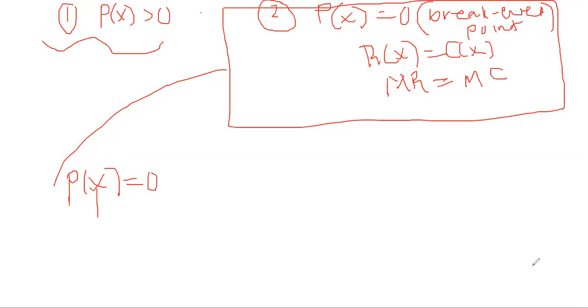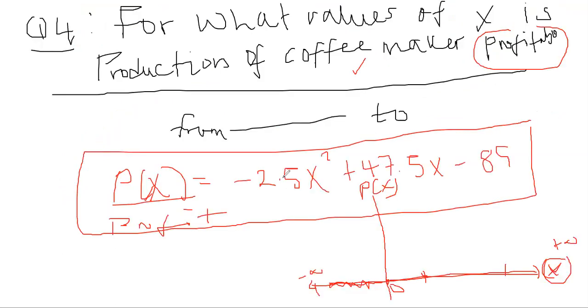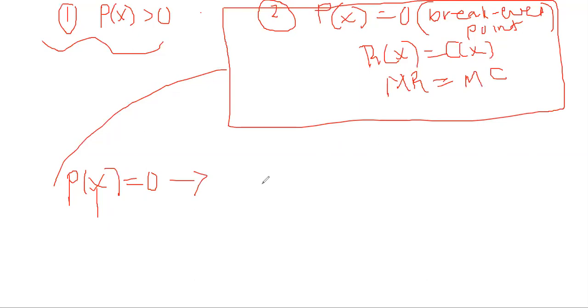So let's go on. We have our profit function, which is here. Let's bring it again. So we have our profit function as minus 2.5 times x raised to the power of 2 plus 47.5x minus 85, then equals to 0.